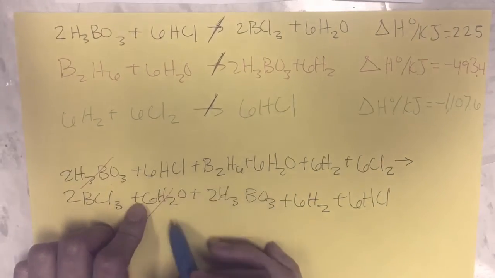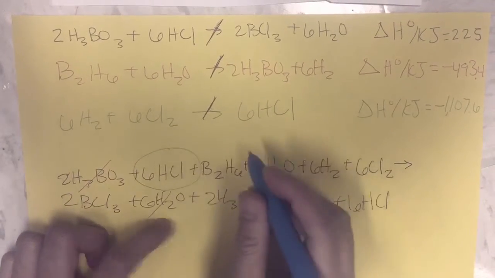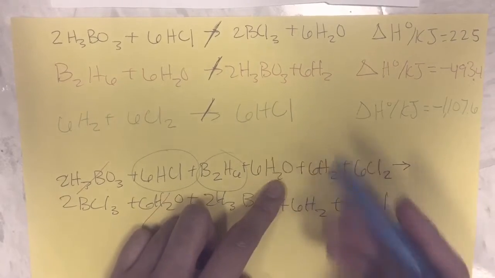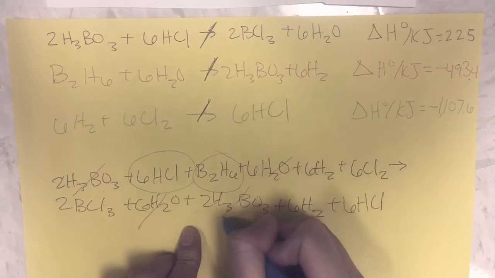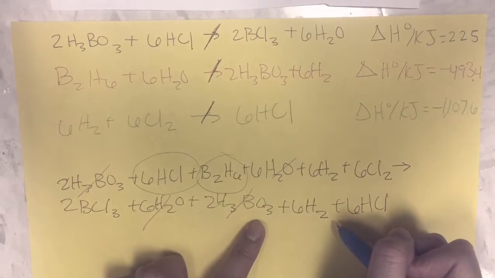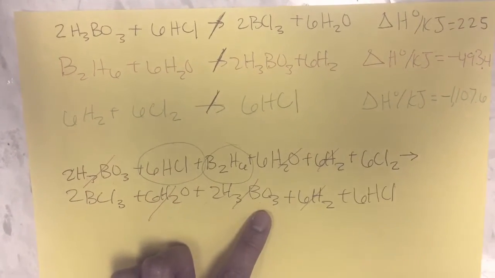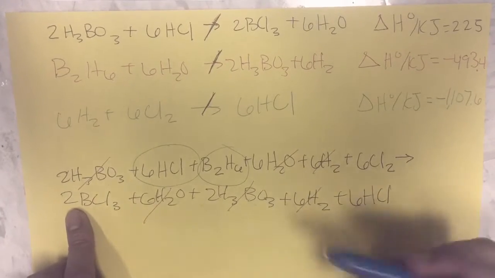This one isn't on the other side, so it should be fine, and you keep that. Same goes for this. This one would be crossed out here, and that gets crossed out too, and you're left with these two.